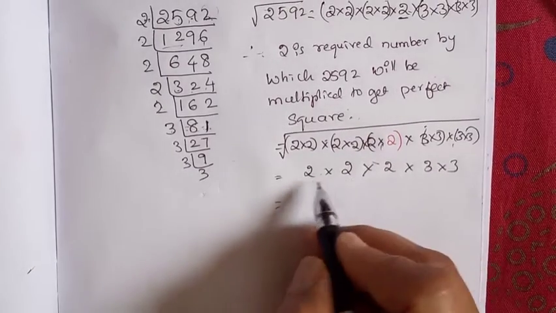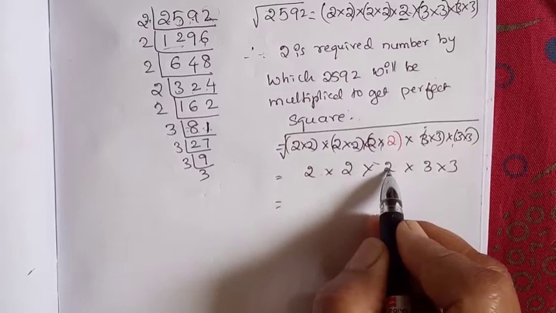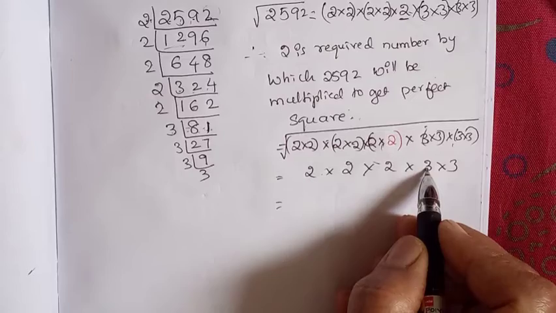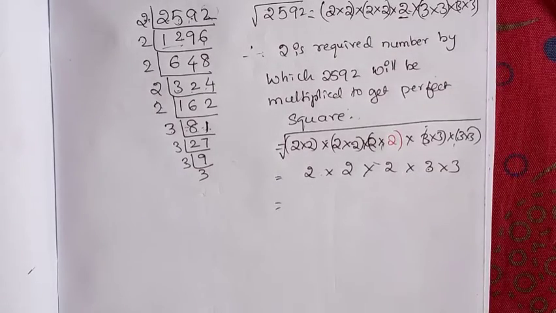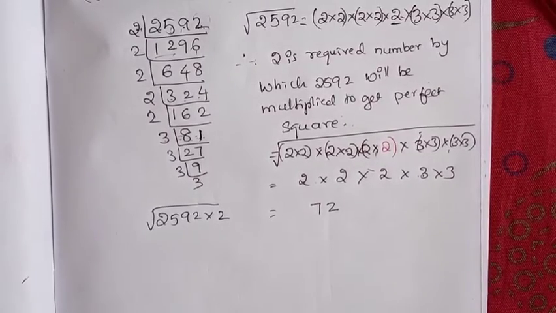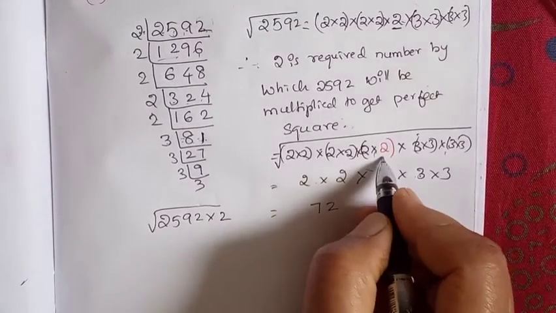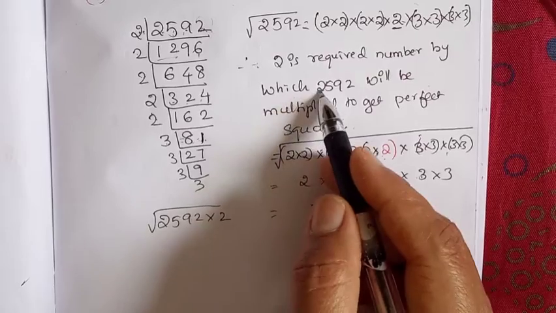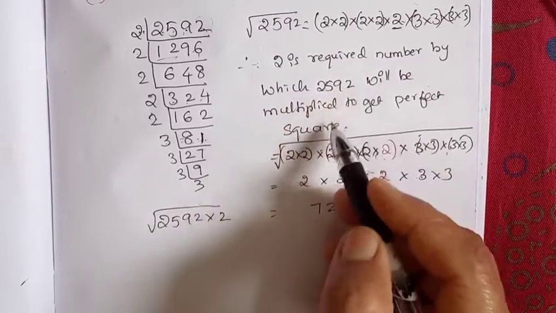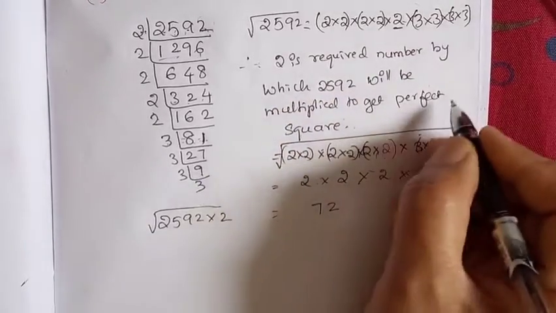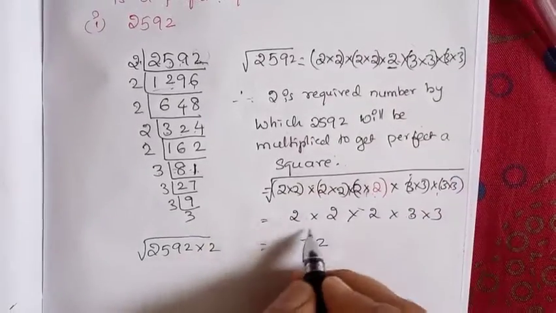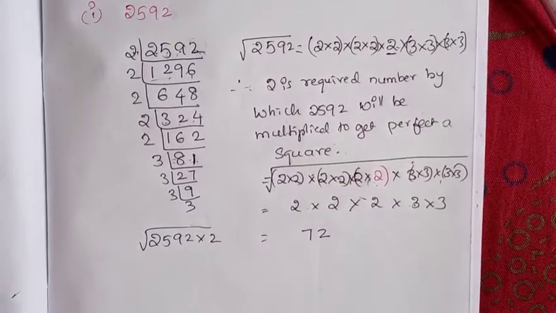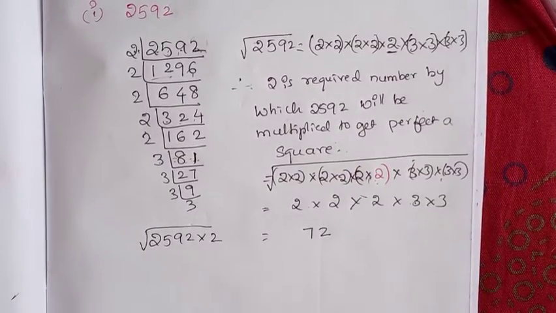Now we will multiply. 2 twos are 4, 4 twos are 8, 8 threes are 24, 24 into... So children, here what is required to multiply? 2. So 2 is the required number by which 2592 will be multiplied to get a perfect square. This is the answer. If we multiply the whole number by 2, we get the perfect square, whose root is 72. Okay, next question.